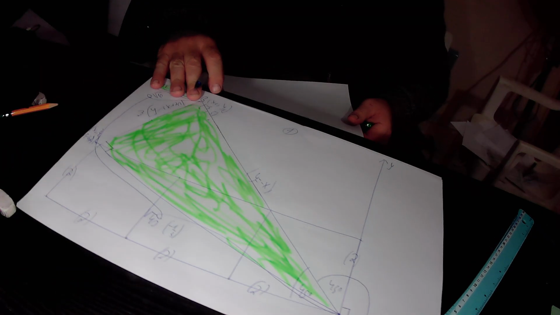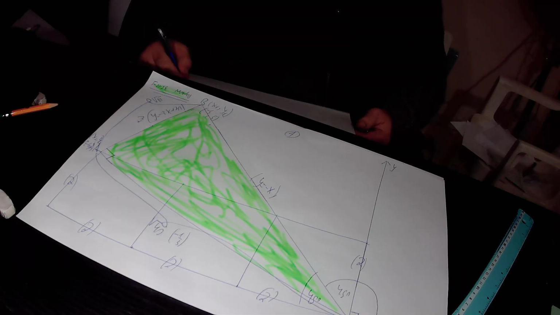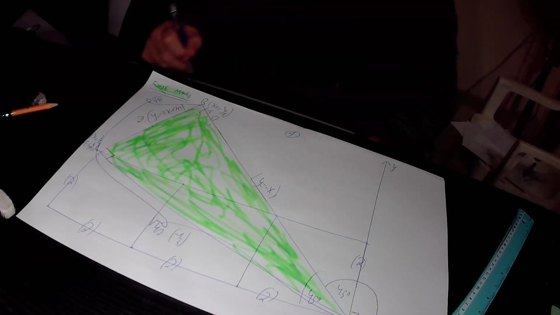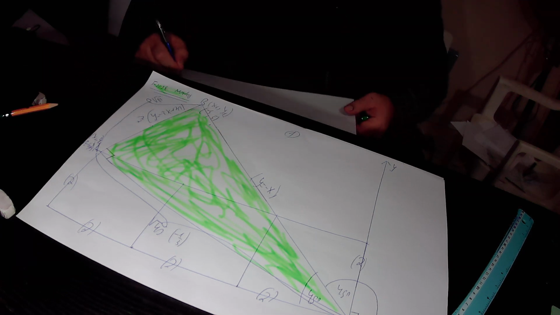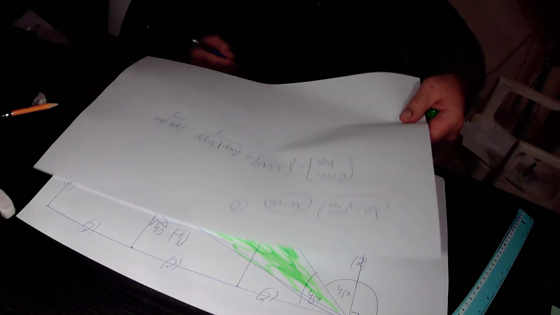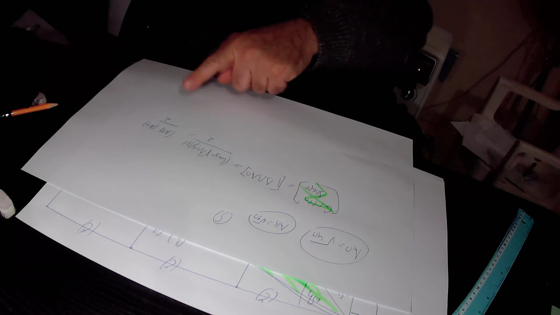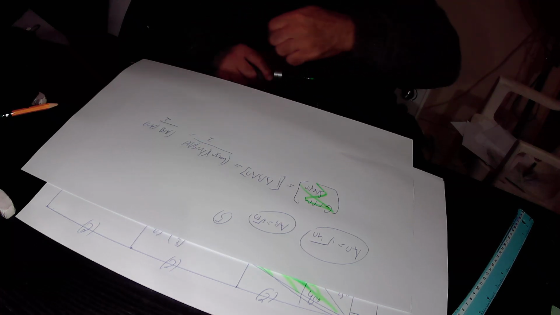We choose the base of this green triangle as AB, and the height is AO. Why is the height AO? Because it's a right triangle with the base AB. So in total, the area of the green shape equals the base AB of the green triangle ABO times the height, that is AO, over 2.